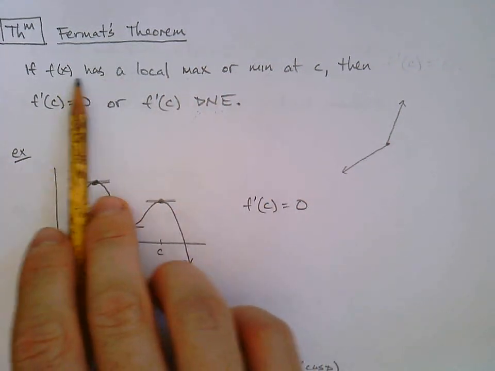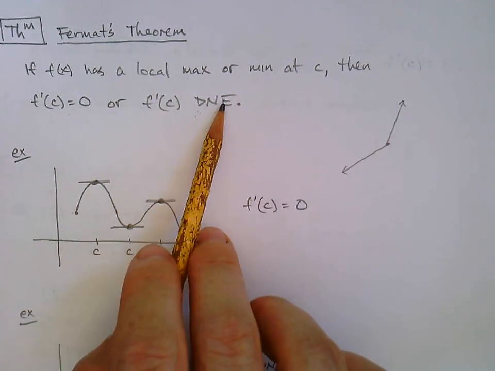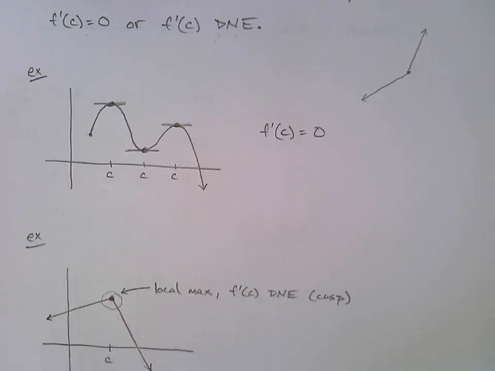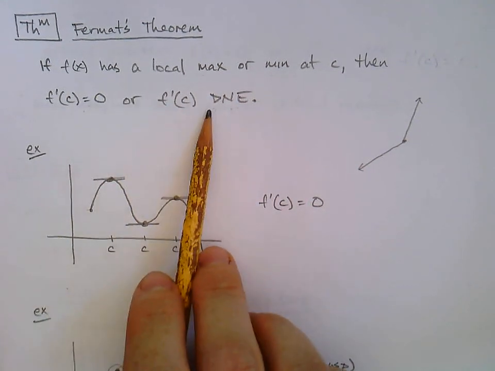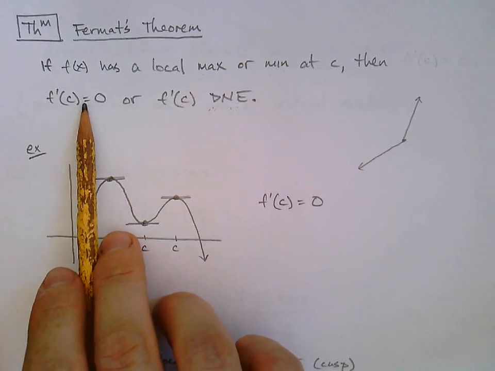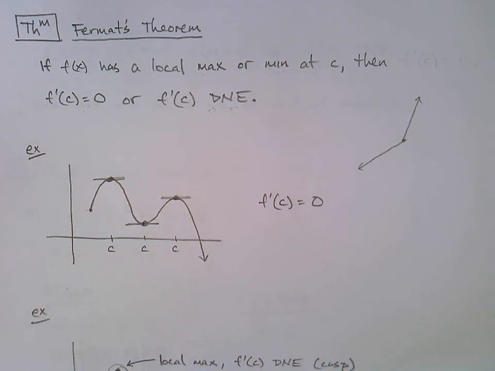But if you really are a max or min, one of these is going to occur. So the takeaway from this is, we know that local maxes or mins have to fit this, but where these things occur might include other points that don't actually end up being local maxes or mins.